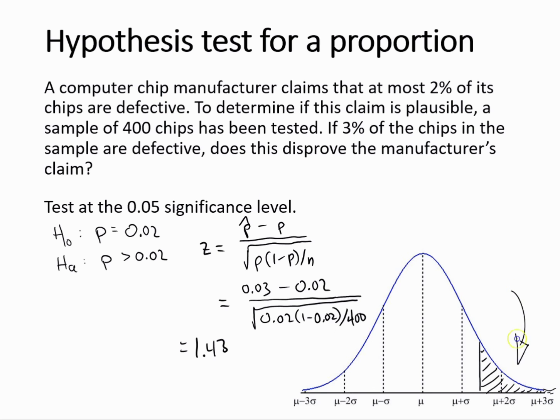So by using that NORM.DIST function, what we determined was that area to the left was 0.92344, which means the area to the right is 1 minus 0.92344, which we computed 0.07656. That's our p-value.